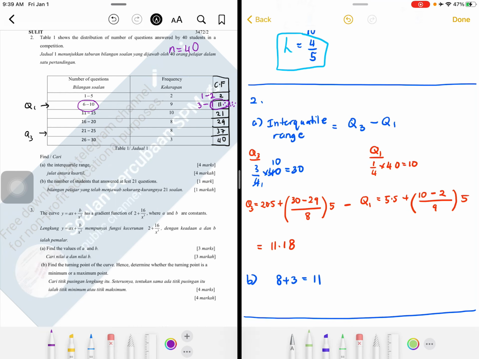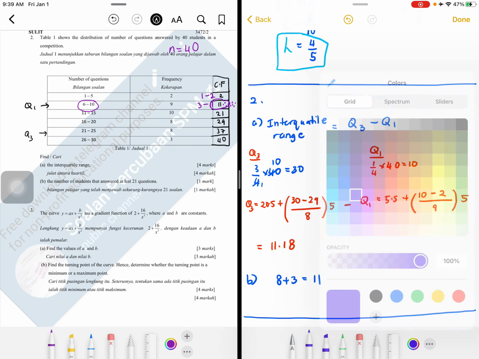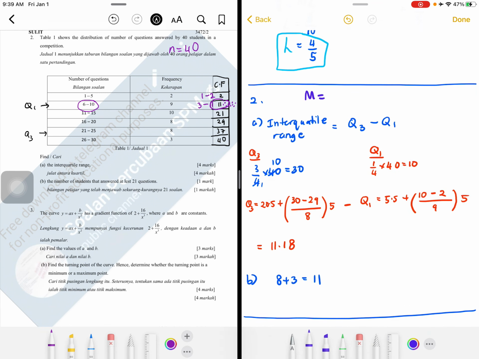So after you substitute inside the formula, remember the formula is, kita cuma ada satu je formula dia sebenarnya, median. But you can always play with that formula. So which is L_M. Ni satu formula dia. So you can always change it.